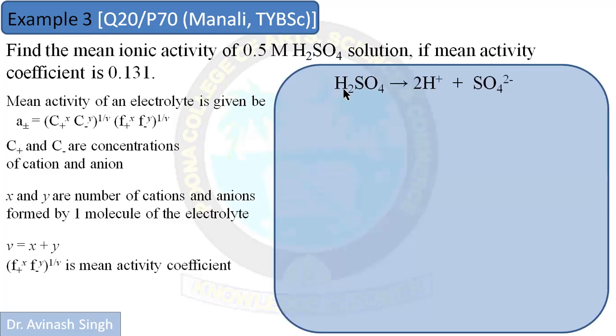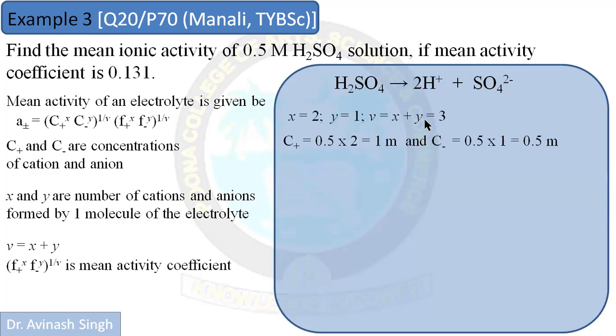For sulfuric acid, H2SO4, it dissociates as 2H plus and 1 sulfate. So x over here is 2, y is 1, so V is x plus y, 3.